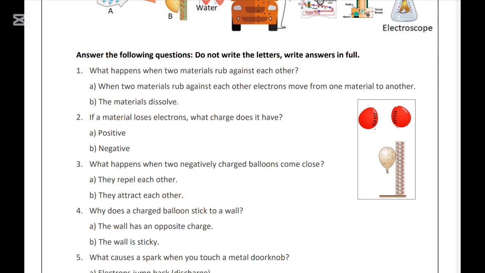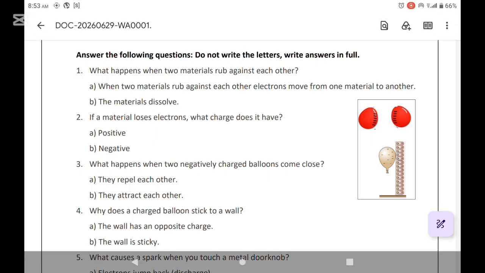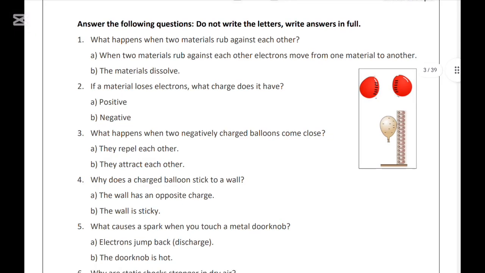If a material loses electrons, what charge does it have? Is it A, positive, or B, negative? The answer is negative. When a material loses electrons, it becomes negatively charged, and when a material gains electrons, what? No. Oh, I made a mistake. When a material loses electrons, it becomes positively charged.